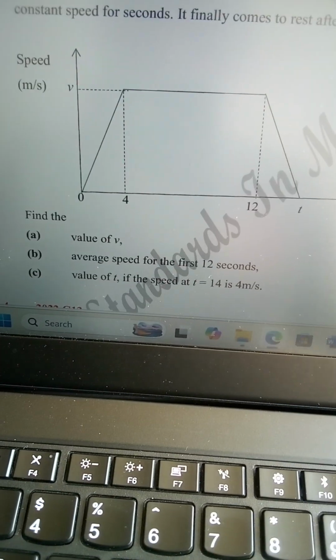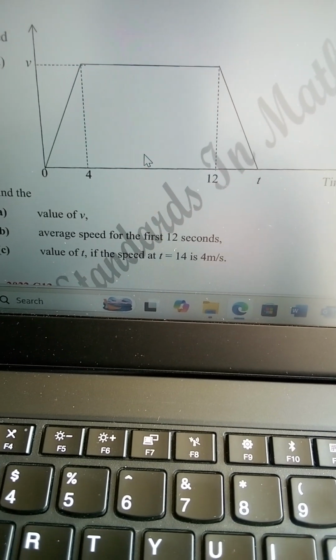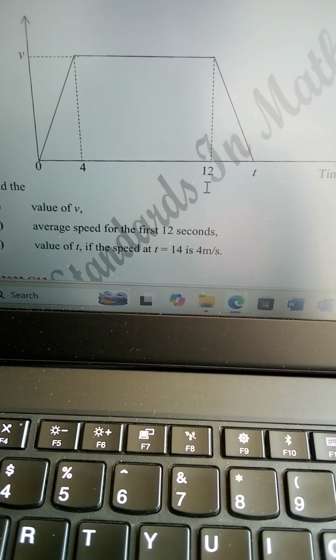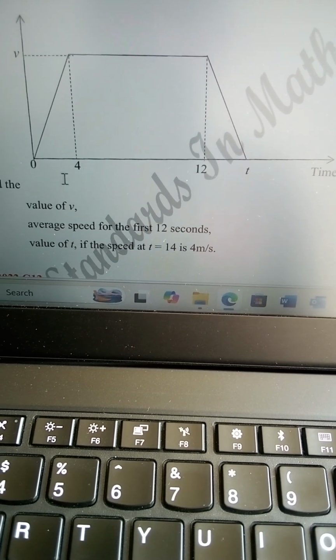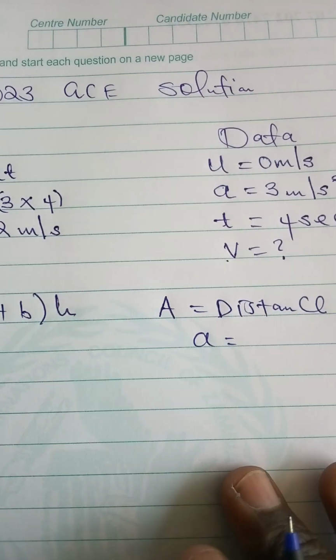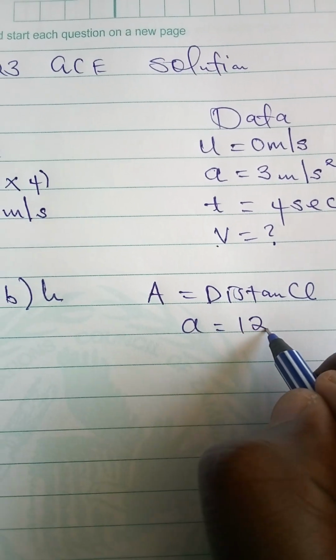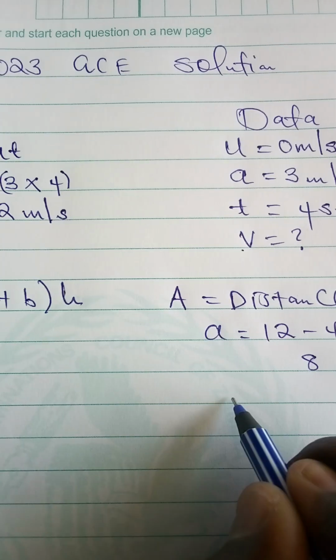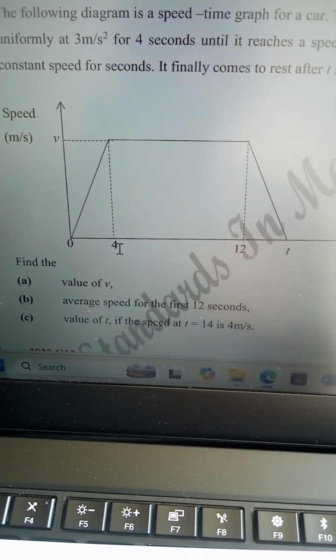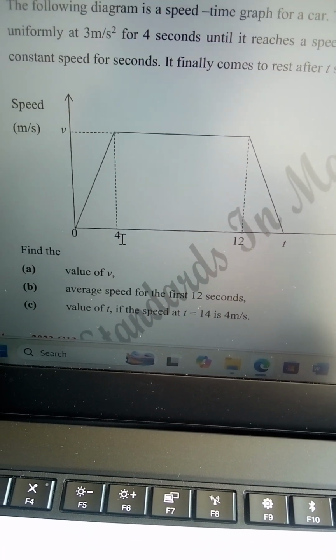So from there, to get the value of a is just the difference, which is 12 minus 4. That will be your value of a, which is 8, and then the value of b from there is just the difference between 12 minus 0, which is 12.